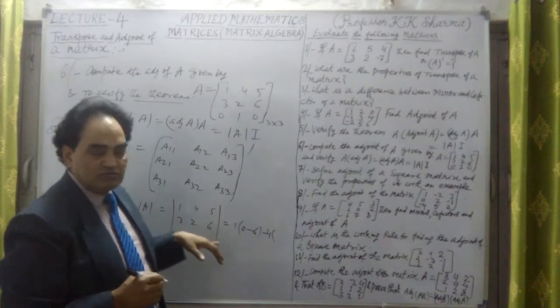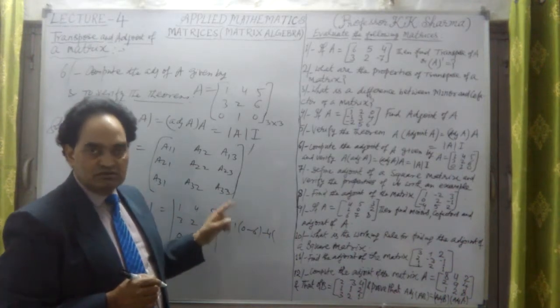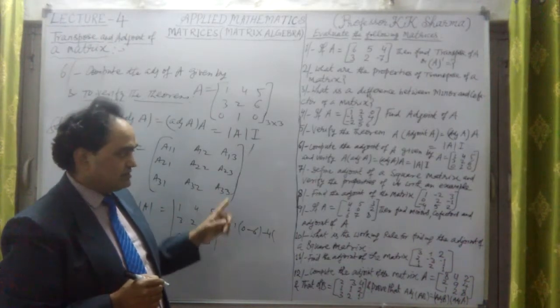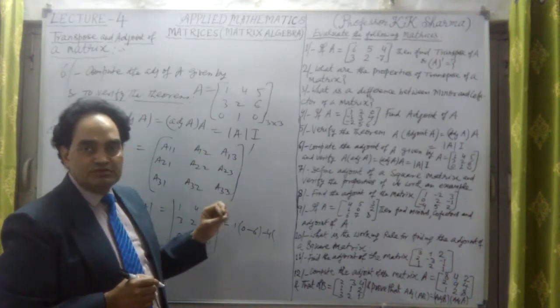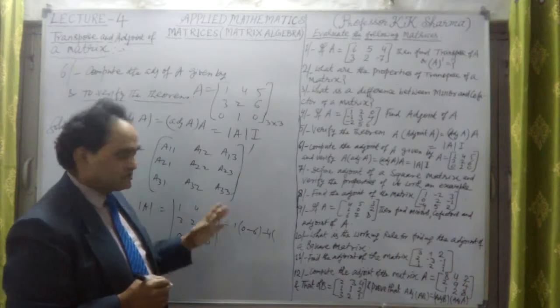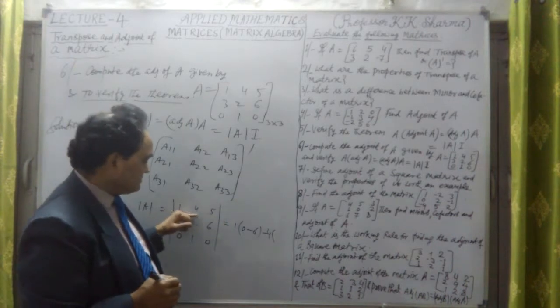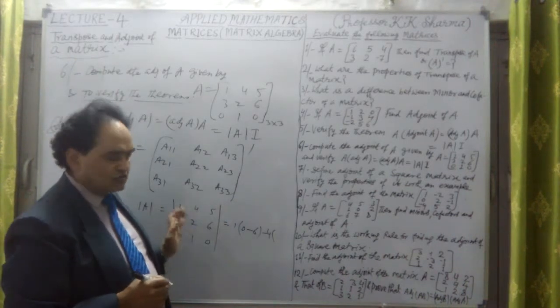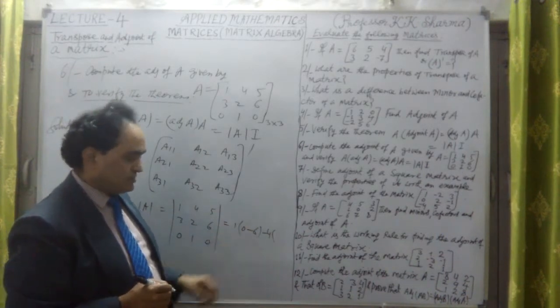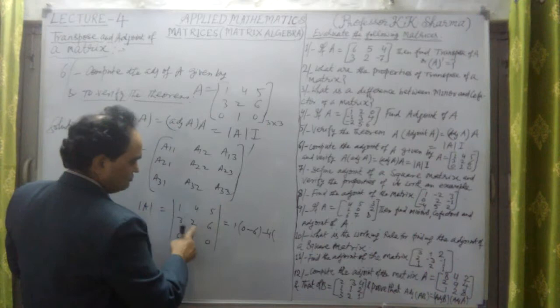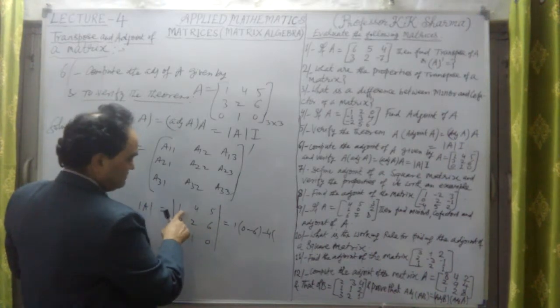How do we find the value of the determinant? I have explained this in the determinant chapter, in the determinant playlist. Please see there how the determinant is calculated, with respect to either the first row or first column, or any row or any column. Just like minors, we calculate the minor of 1.